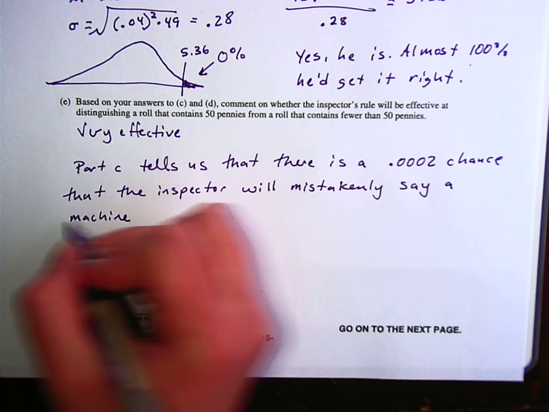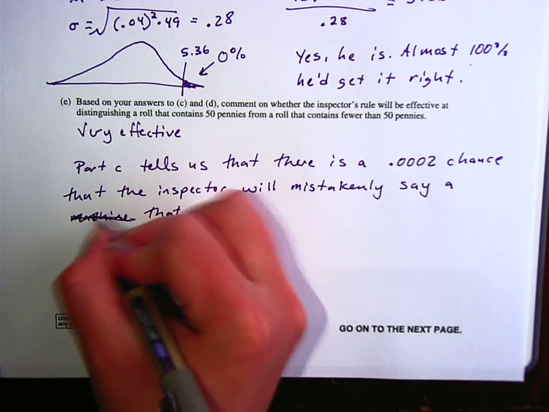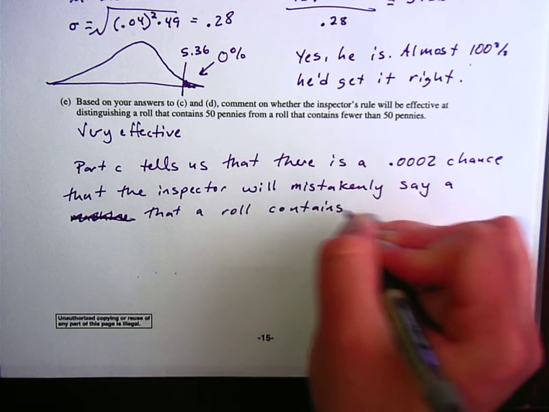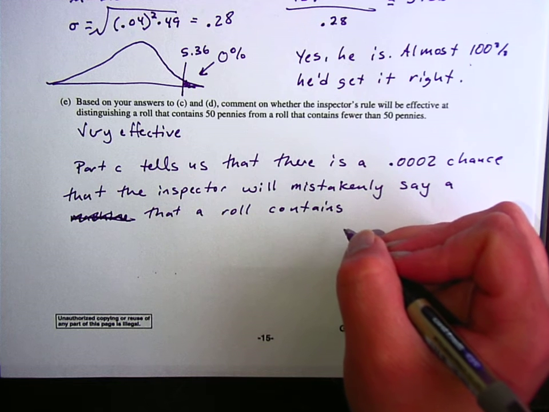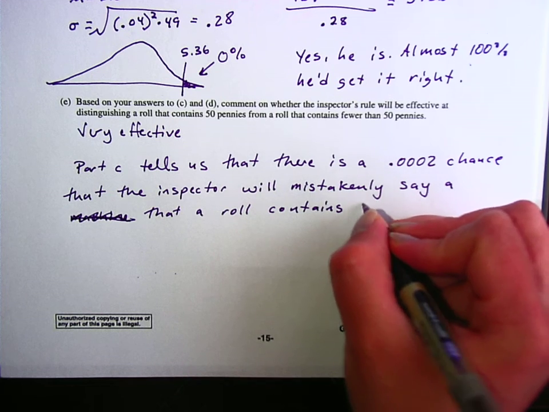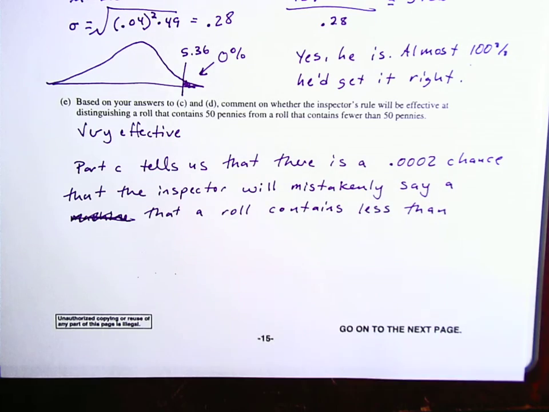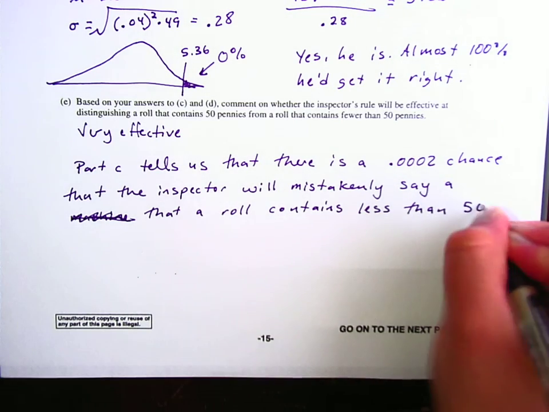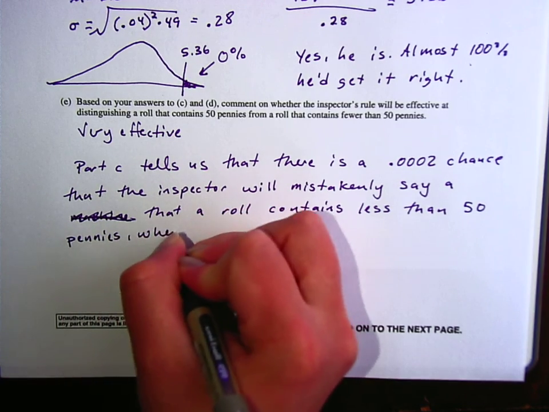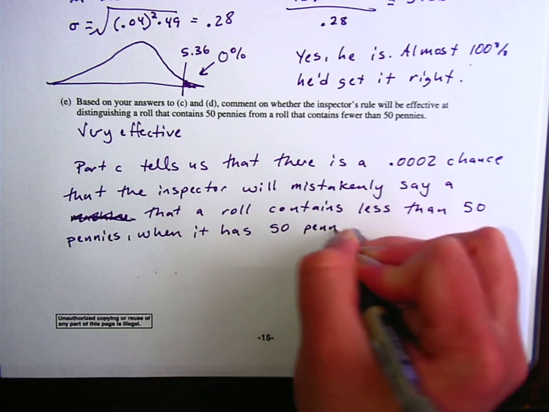Sorry, not that. We should be more specific there: mistakenly say that a roll contains less than 50 pennies when it has 50 pennies, actually.